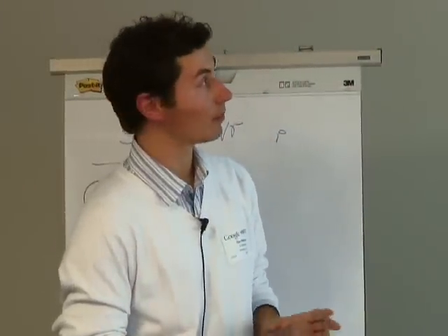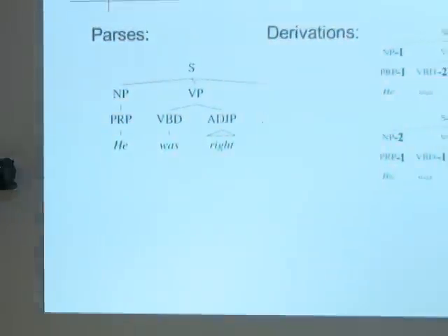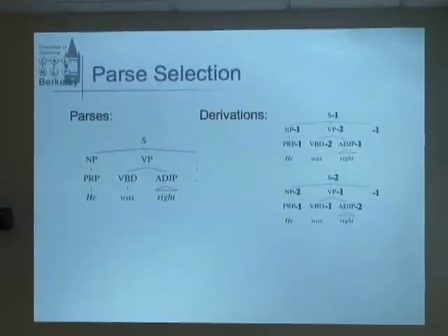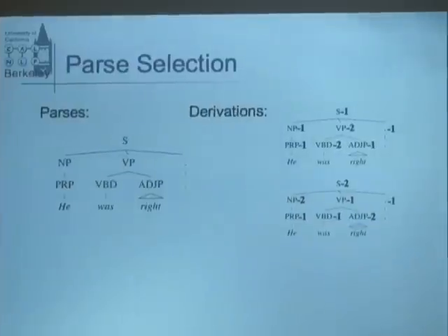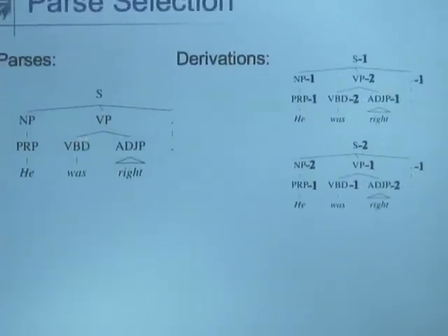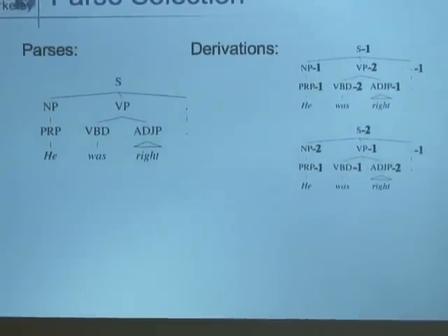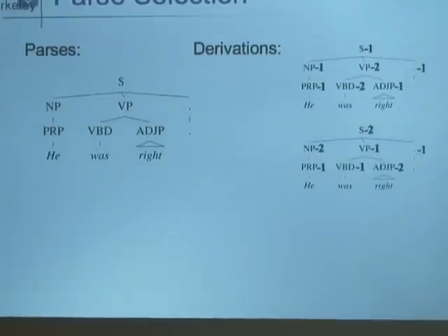One part that I'm not going to be talking about too much, because I thought I wouldn't have time, is what your question was, what do we do with this hidden annotation? What we're interested in is parse trees over these coarse categories, but what our grammar gives us are so-called derivations over these split categories. And so there can be many derivations that correspond to the same parse tree.